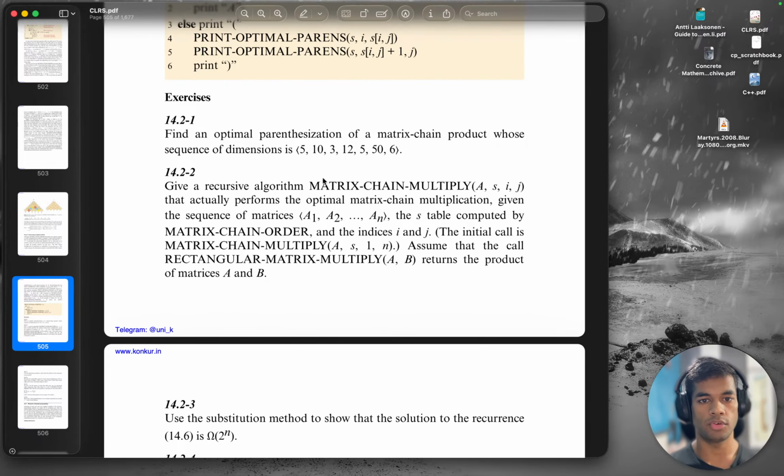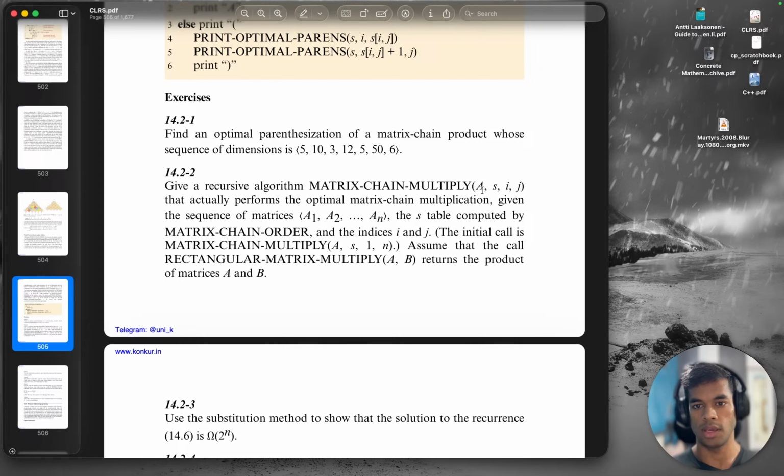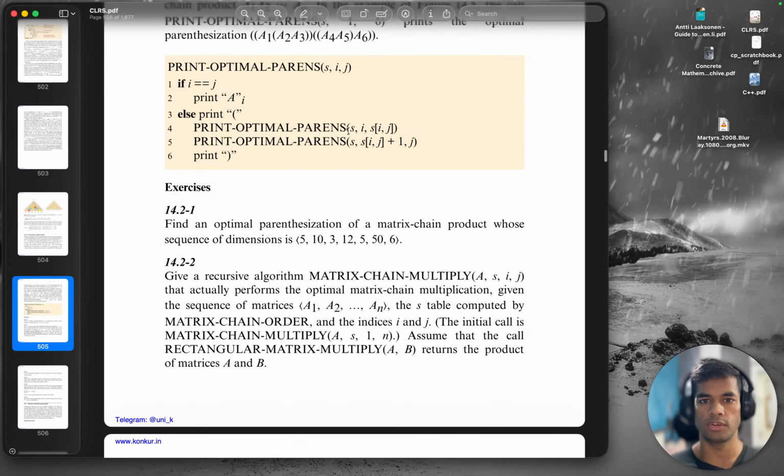And yep, so this is the second question that we have to do. In this, we have to write or maybe just define a way in which we actually perform the operation. So when j minus i, we will first of all call this function, yeah, we can just keep calling this function like this.